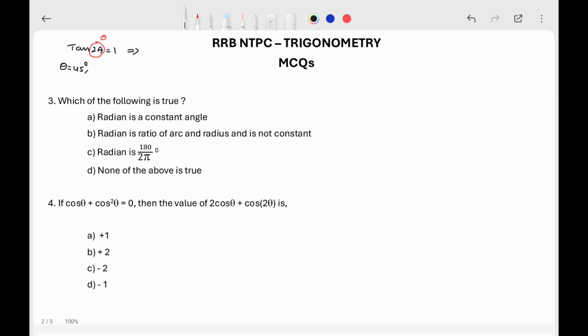Because tan 45 is equal to 1. That implies 2a is equal to 45 degrees. That implies a is equal to 22.5 degrees, 45 by 2. That means sin 22.5 degrees is equal to sin a. That means tan 2a value is given. We have to find the value of sin a.